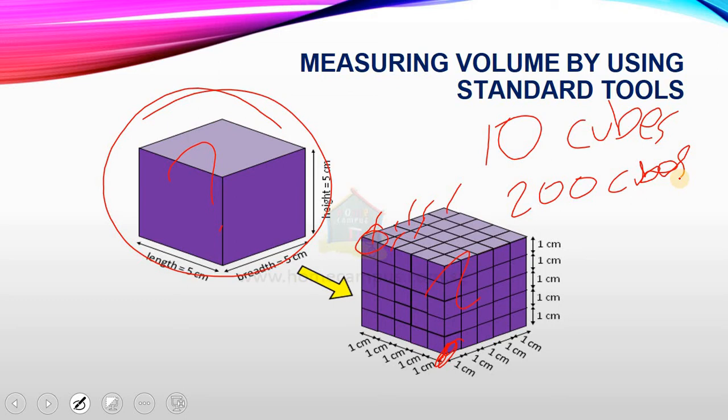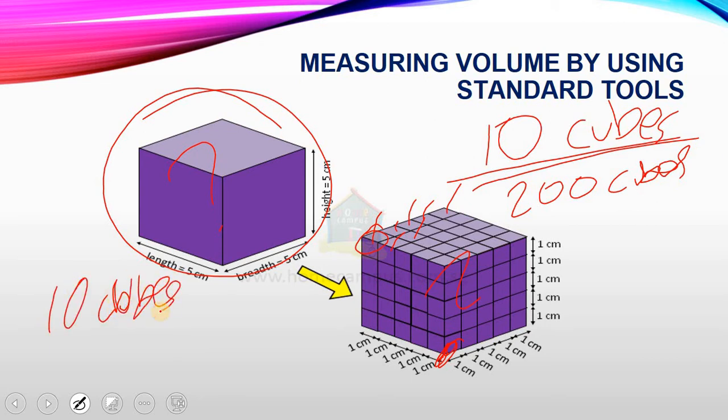So contohnya when you have 10 cubes. Kita tahu sini 1 cm darab dengan 1 cm darab dengan 1 cm. So 1 cm times 1 cm times 1 cm, kita dapat 1 darab 1 darab 1, jawapan dia 1.